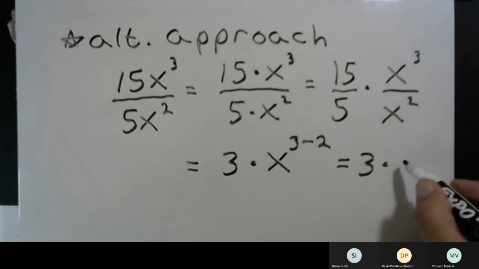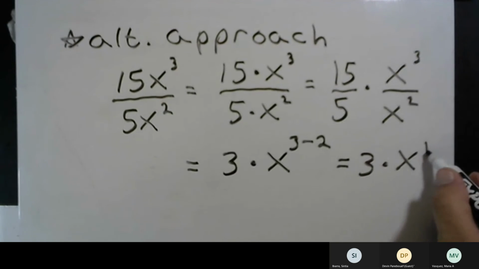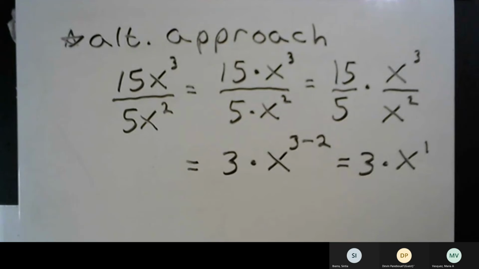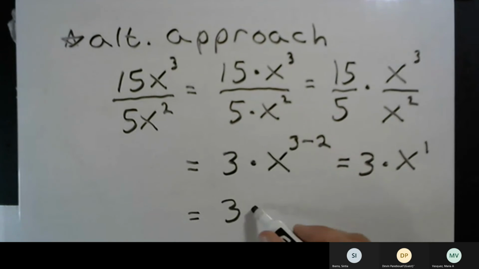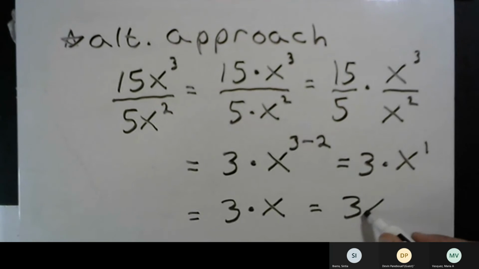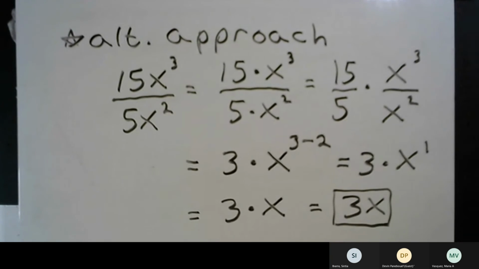So we get 3 times x with an exponent of 1, or x to the first power. That's the same as 3 times x, which gives us 3x. Questions about that?